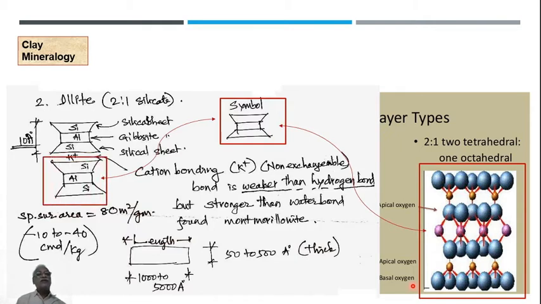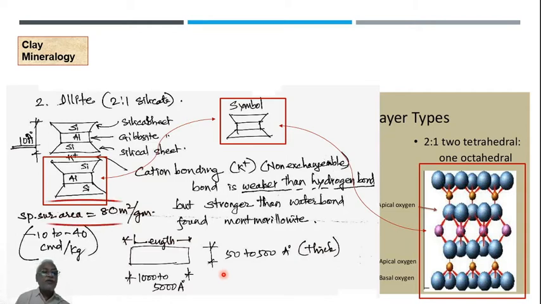Now such layers will be getting added a number of times, right? The actual size of one layer will be of the order of 10 angstroms, but in actual existence there will be a number of them, and they exist in a thickness of 50 to 500 angstrom, and lateral length of the order of 1000 to 5000 angstrom units.